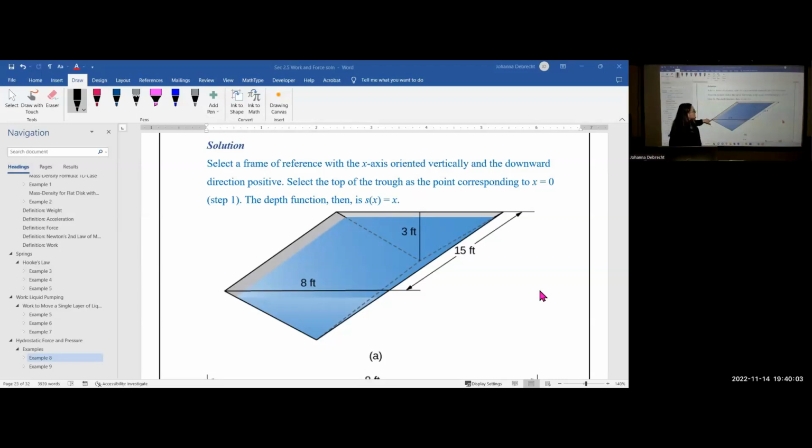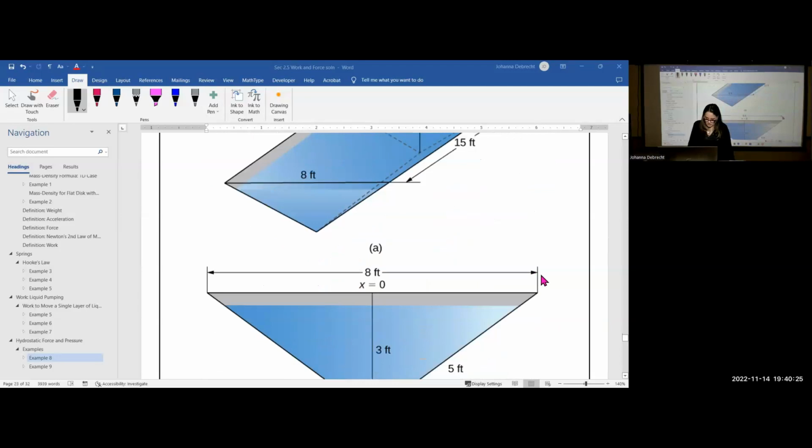And the water is supposed to be going all the way to the top, so that's a little off as well. But again, the isosceles triangle is 8 feet at the base, and this depth here of the water is 3 feet. The depth of the tank itself is 3 feet, and the tank is 15 feet long, right? So obviously not to scale.